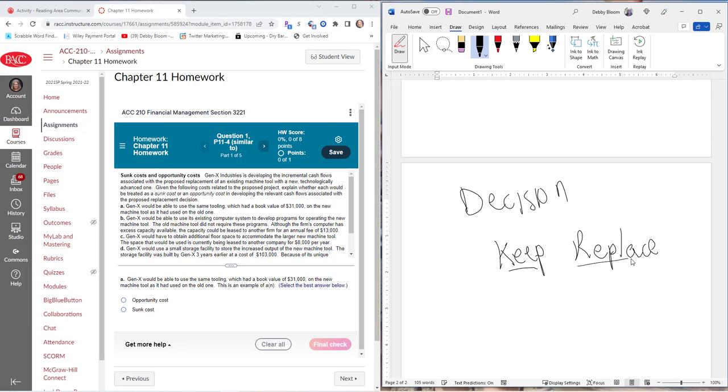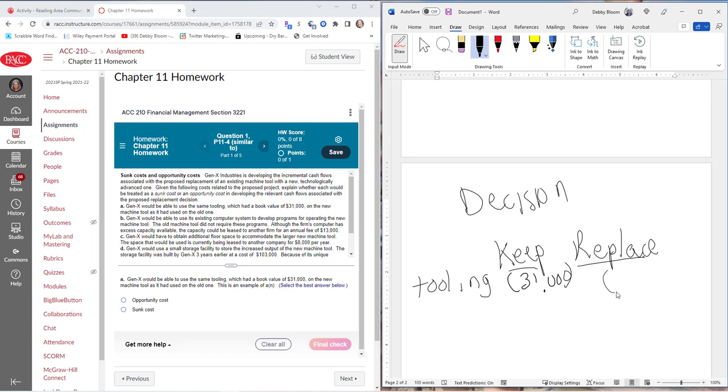Let's take a look. In A, Gen X would be able to use the same tooling, which had a book value of $31,000, on the new machine tool as it had used in the old one. So basically with the tooling, if we keep it, we spent the $31,000 in the past.